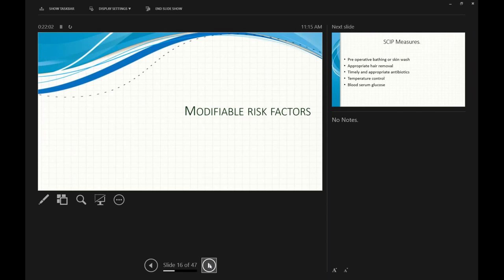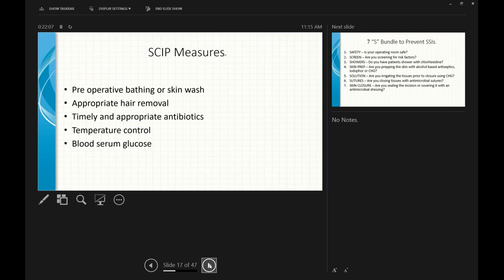So the only thing we can do anything about is the modifiable factors, things that we can change. So these are the SCIP measures that we operate by. We know that preoperative bathing or a skin wash, and there are all sorts of products available for that.